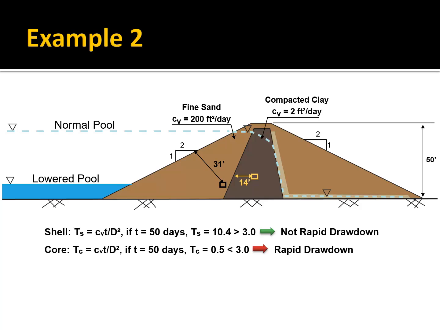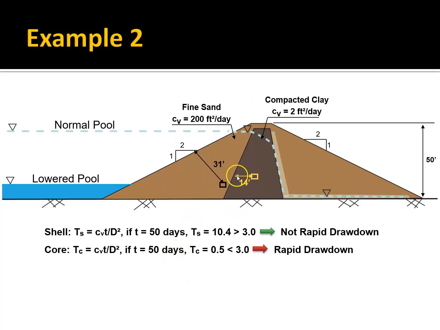Here's another example. In this case, we have 3 materials. We have a compacted clay core with the same 2 feet squared per day coefficient of consolidation, and then there's a fine sand shell. There's also some kind of filter here, but that's not given. But for the shell, we're going to assume the maximum drainage distance is 31 feet.